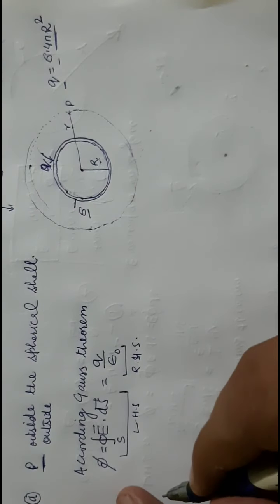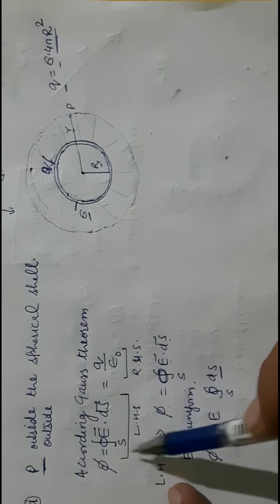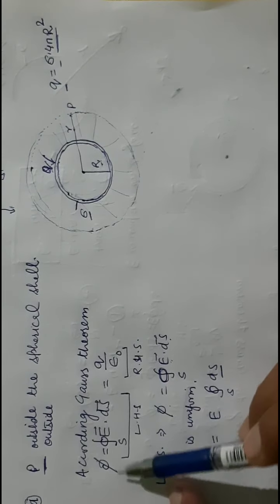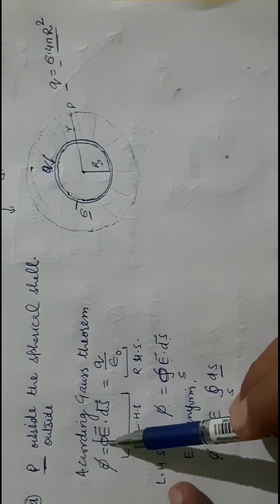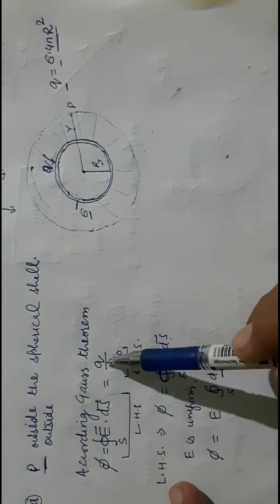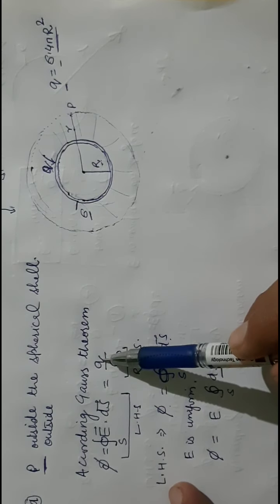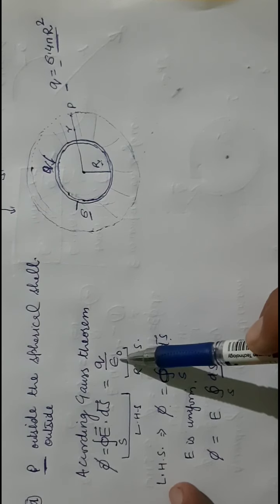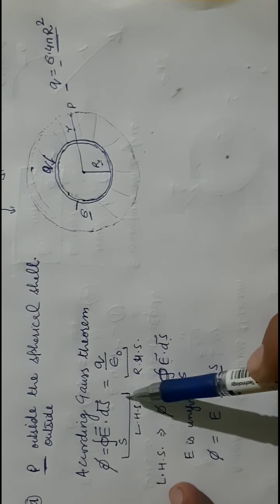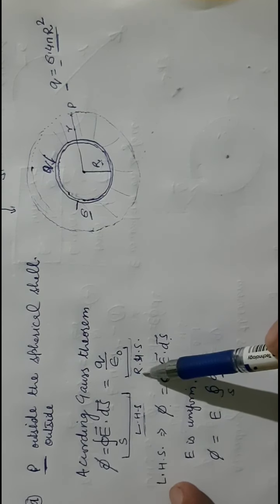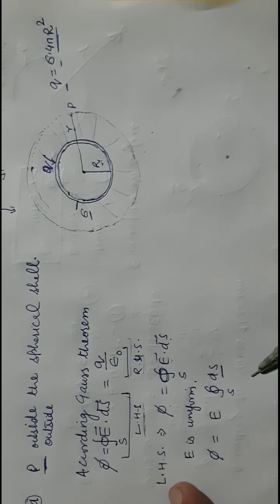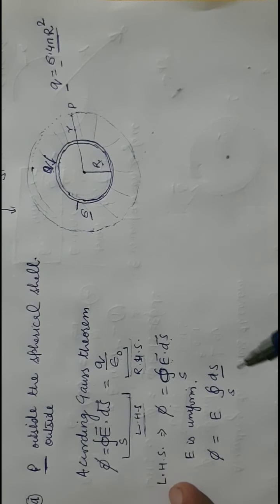According to Gauss theorem, the total flux coming out of it, that is E dot ds around a closed Gaussian surface, is the total charge enclosed by it divided by epsilon naught. First we solve the left hand side and make it equal to the right hand side afterward.